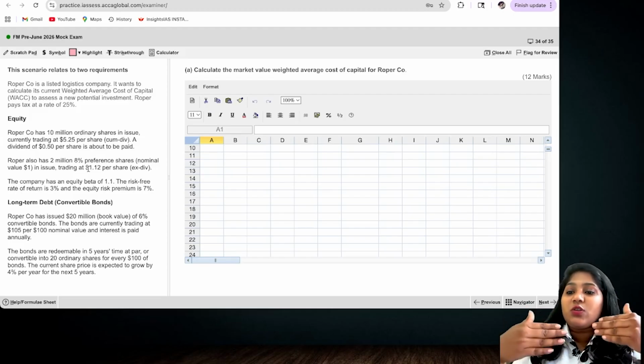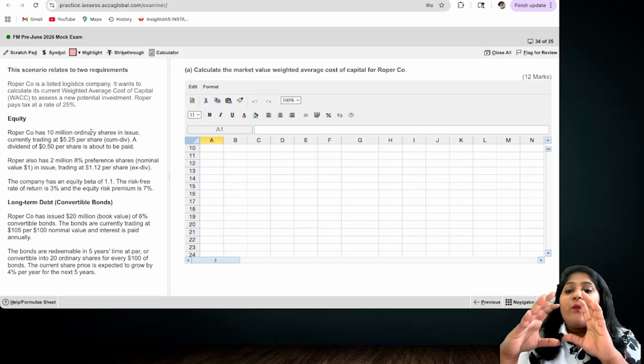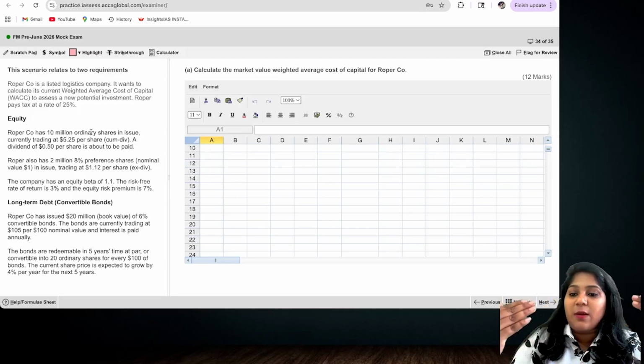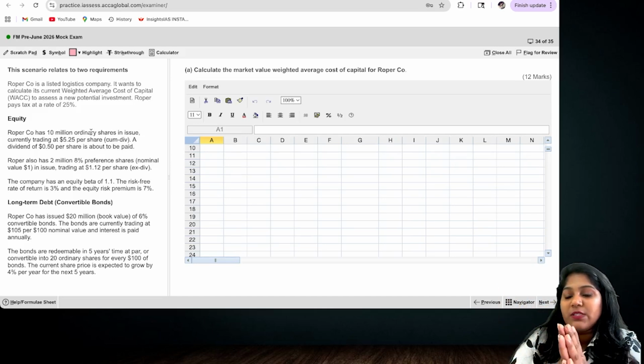Right, and we also have 2 million 8% preference shares. Nominal value is $1 in issue, but it is trading at 1.12 per share, and that is completely ex dividend. The company has an equity beta of 1.1, risk-free return of 3%, and equity risk premium of 7%. Fair enough, no problem. Now we have long-term debt.